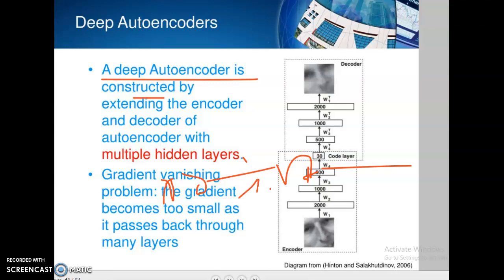Gradient vanishing problem: the gradient becomes too small as it passes back through many layers.